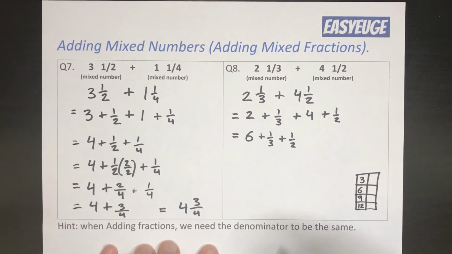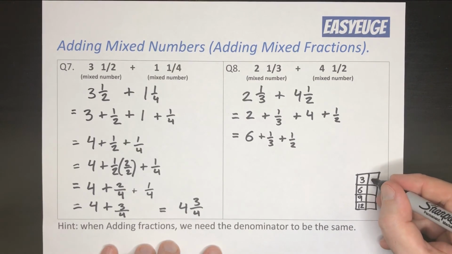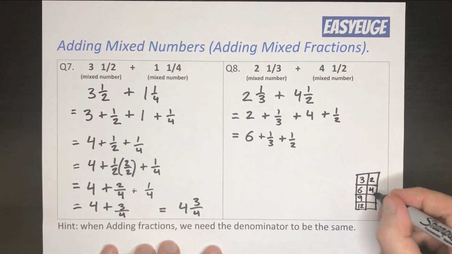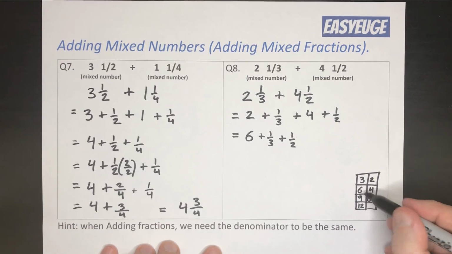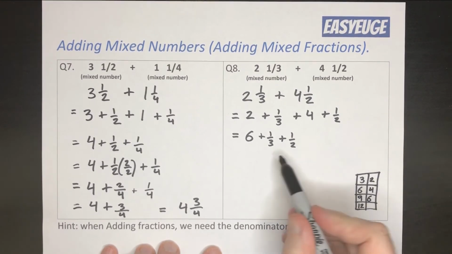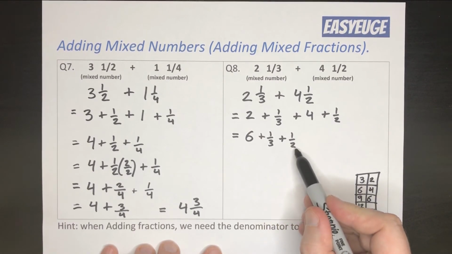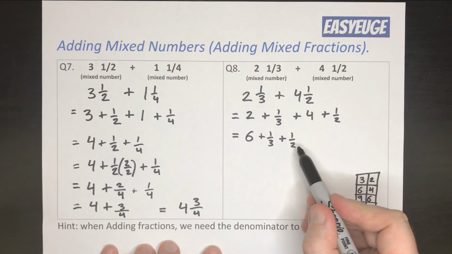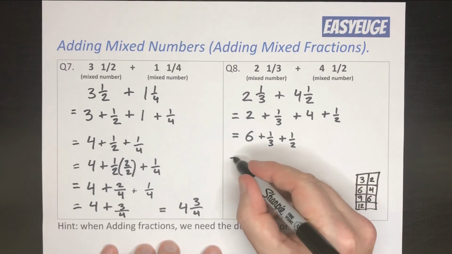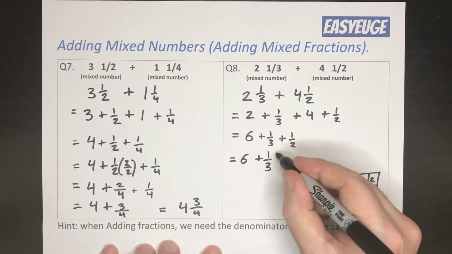Let's leave it at that. Let's take the 2. Let's look at all the multiples of 2. 2, 4, 6. We've got a match. 6 is the match. So let's turn this into something over 6, and we'll turn this fraction into something over 6. So that equals 6 plus a third.